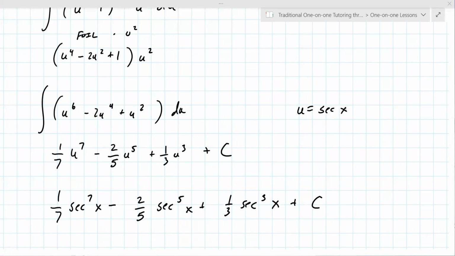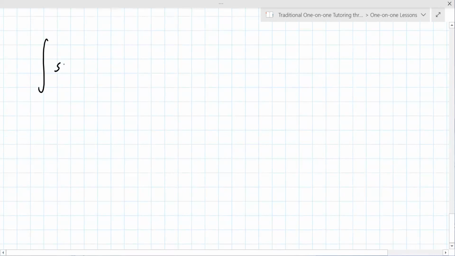Next one is the integral of sine cubed theta cosine to the 4th theta d theta. I'm very deliberate here in this part of the course.